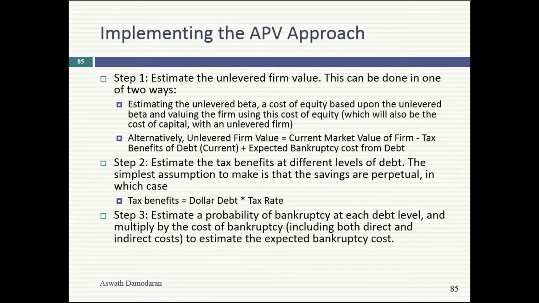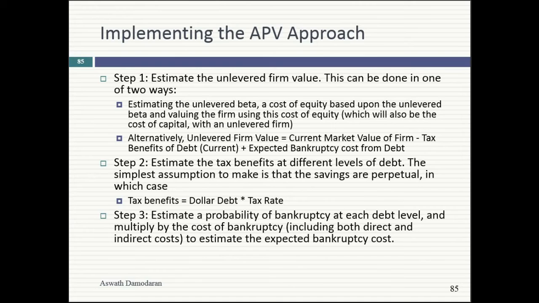You know the market value of the firm right now, right? Market value of equity plus debt minus cash, it's out there. Does the market know that you've borrowed money? So if you already have debt, does the market know? Sure, it's on your books, so they know. So in your market value today, there is some tax benefit that the market has built in. And there's some expected bankruptcy cost the market has built in. Here's what I'm going to do. I'm going to say, what will happen to your value if you paid off all the debt?